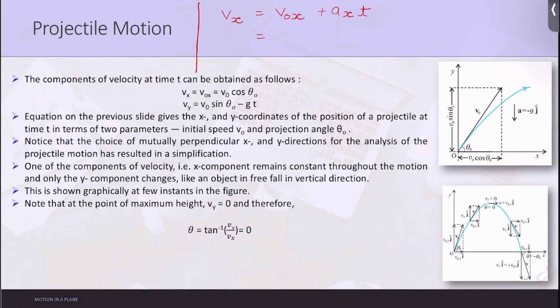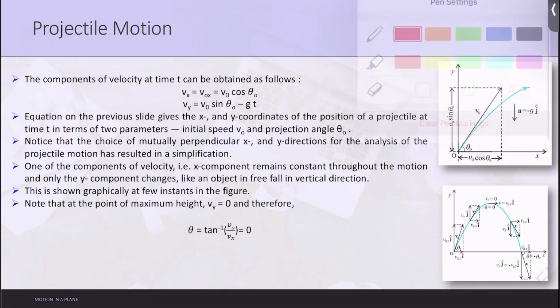The initial value is v naught cos theta naught, plus the acceleration in the x direction, which is 0, into t. So the velocity obtained is v naught cos theta. That is vx is equal to v naught cos theta.